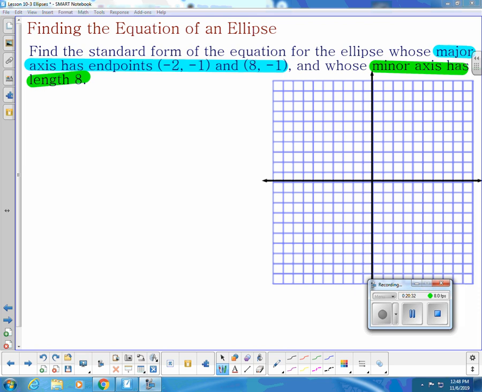Okay, so a equals 5, and a squared equals 25. Yes. Good. The center has got to be the midpoint between those 2 points, so we're going to add the x's. 6 divided by 2 is 3, and the y's are going to be the same. So far, so good.